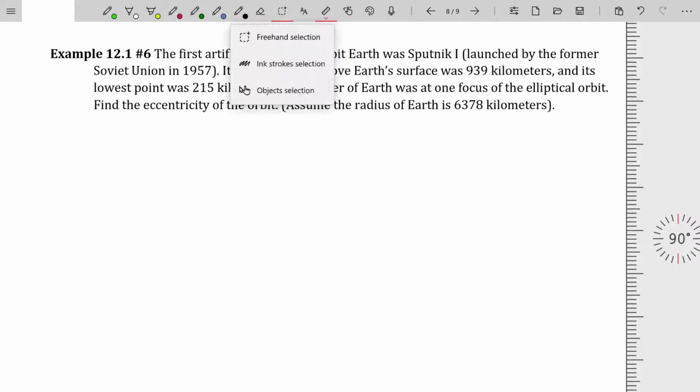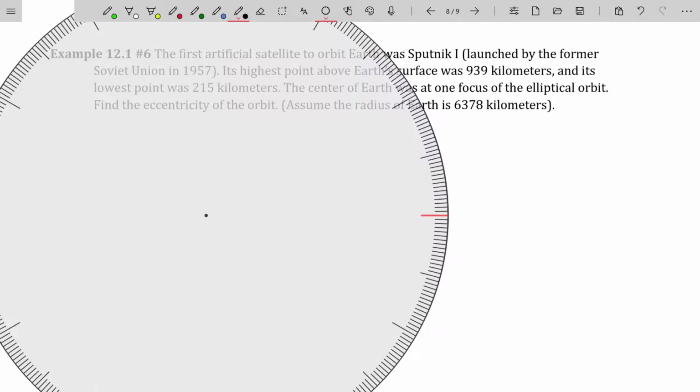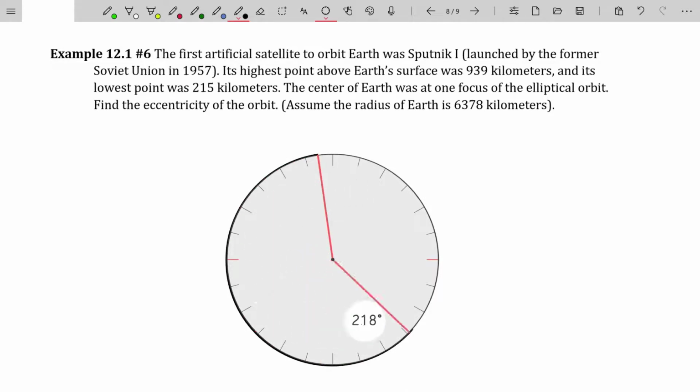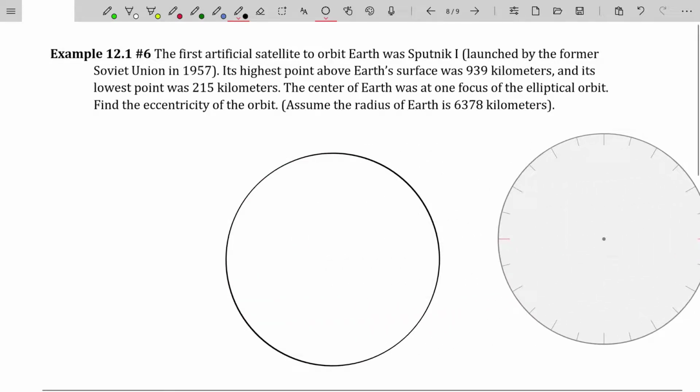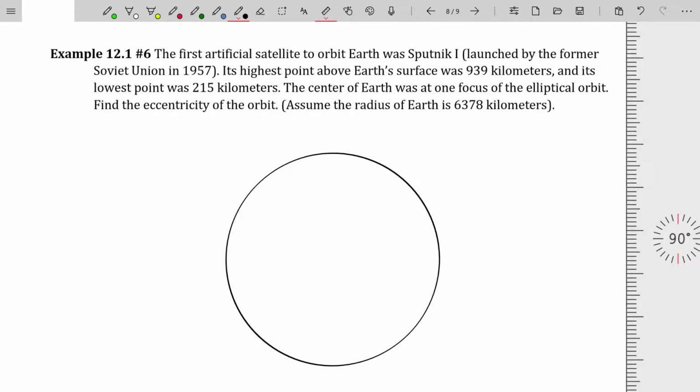I'm going to start this entire problem by drawing out a planetoid, the Earth. So let's just pretend that this is the Earth. We're told that the highest point above Earth's surface that Sputnik reached was 939 kilometers.